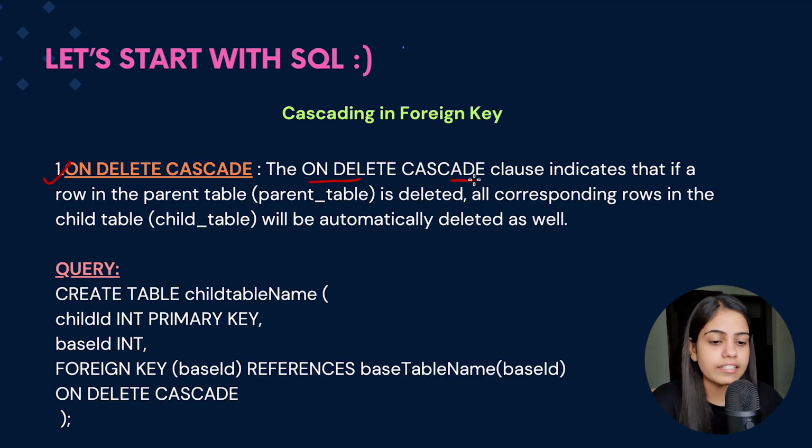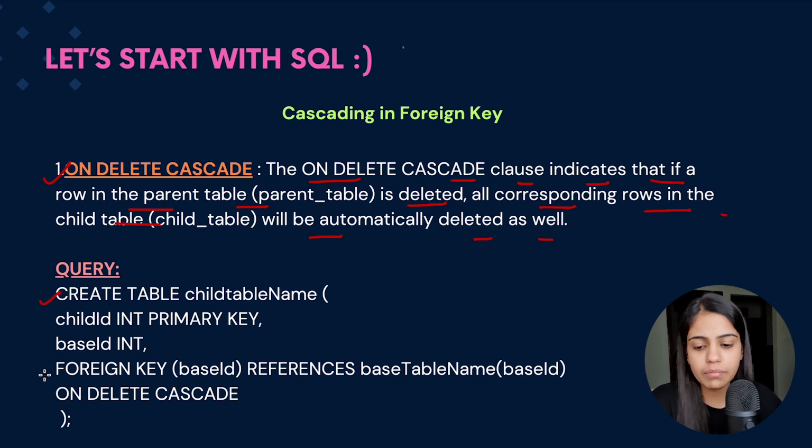The on delete cascade clause indicates that if a row in a parent table is deleted, all the corresponding rows in the child table will be automatically deleted as well. So if I am writing the query in which I am referencing an attribute as foreign key, and at the very last I mention this on delete cascade, it will make sure that any of the data which is deleted in the parent table will be deleted in the child table as well.